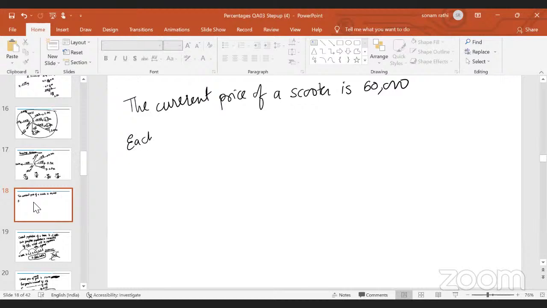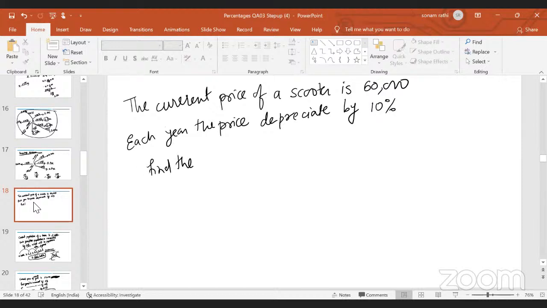Each year the price depreciates by 10%. Find the price after 2 years. Each year the price decreases by 10%. Find the price after 2 years.